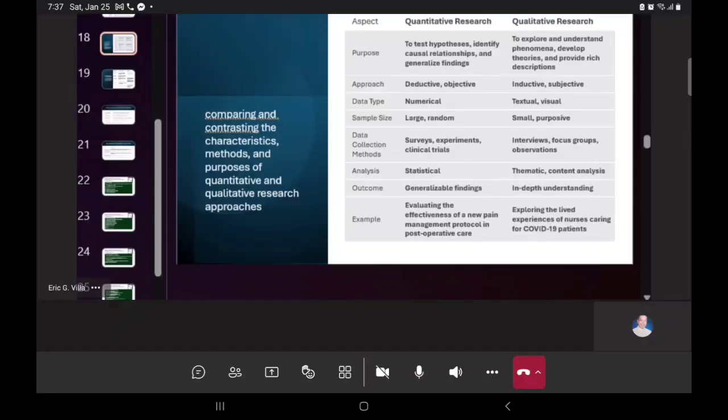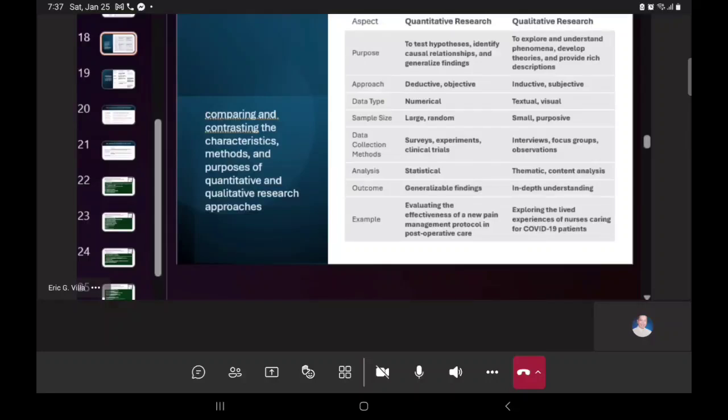While qualitative research, on the other hand, employs methods like interviews, focus groups, and observations to gather textual or visual data from smaller, purposely selected samples. Analysis techniques also vary between the two approaches.